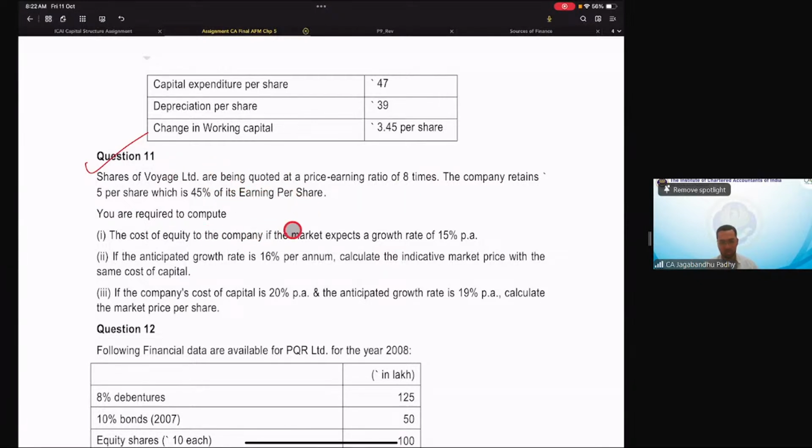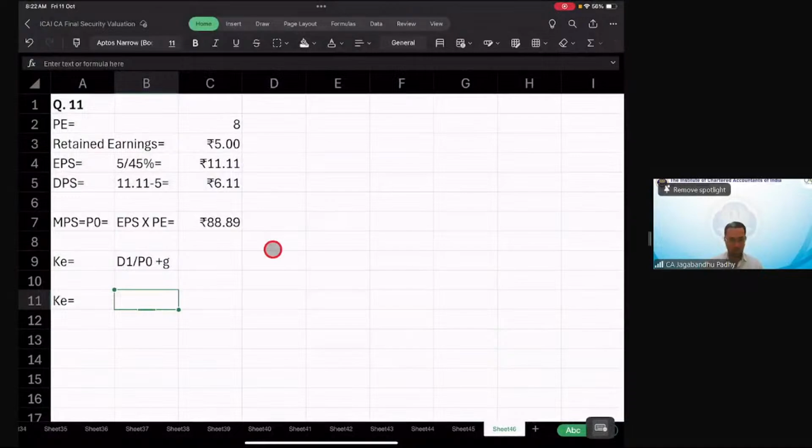The market price is going to grow at 15%. Now again, this wording from the question: dividend is 5 and growth rate is 15%. So we need to know the cost of equity, which is D1 upon P0.